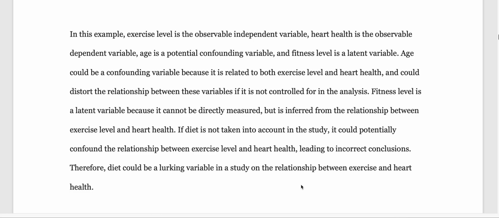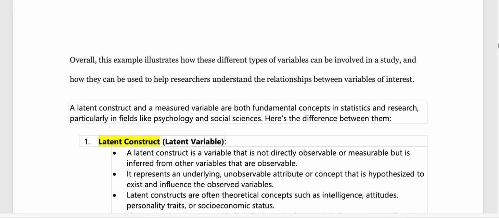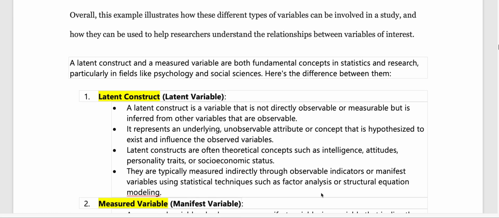Therefore, diet could be a lurking variable in a study on the relationship between exercise and heart health. Overall, this example illustrates how these different types of variables can be involved in a study and how they can help researchers understand the relationship between the variables of interest.